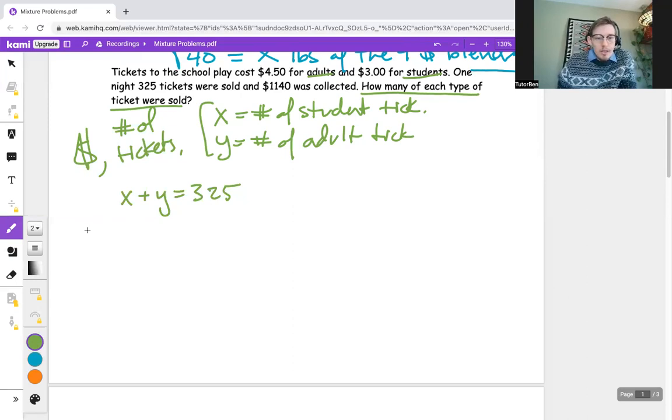The relationship here is just multiplying 3 times the number of tickets. It's always nice to test yourself: what does this 3x represent in the context of the problem? Here, we'll do the same thing for Y. If one adult ticket is $4.50, 2 is going to be $9, and so on. So we know that relationship is 4.5 times the number of tickets.